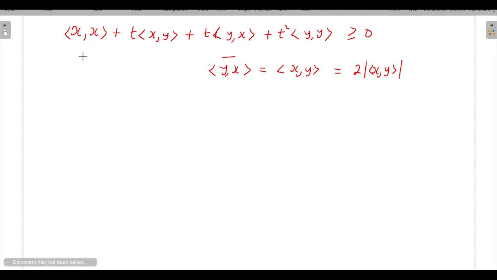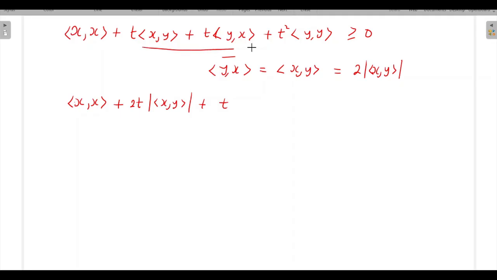So now, this simply can be written as x, x plus, when you add these two together, since they are equal, 2t into x, y, plus this other part, since we have combined these two, t squared into y, y, all greater than or equal to 0.